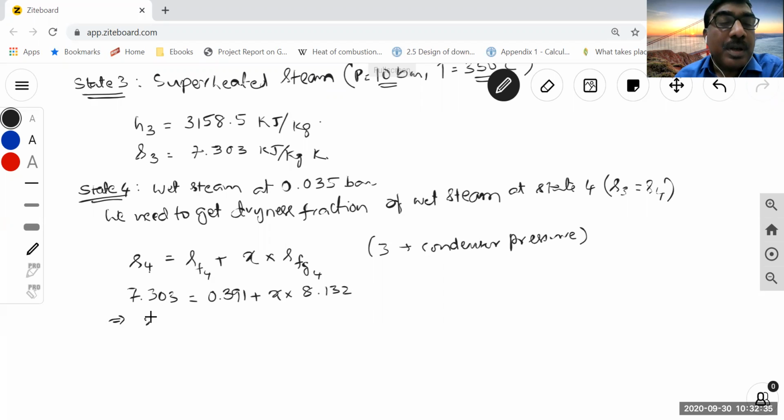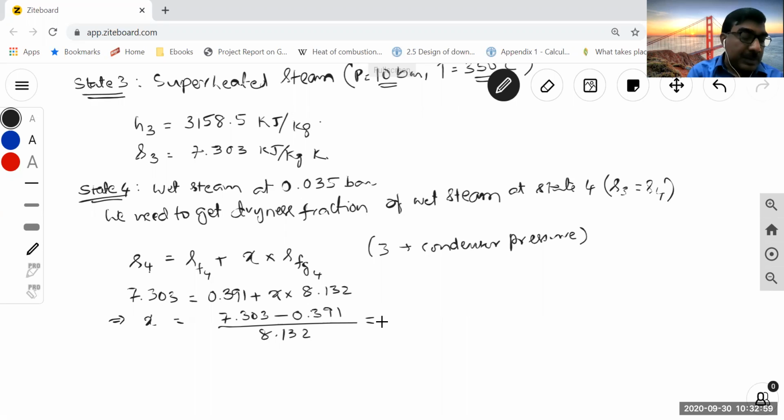From this, X is equal to 7.303 minus 0.391 divided by 8.132. Let us find out how much this is. This is coming to be 0.85. This is the dryness fraction.